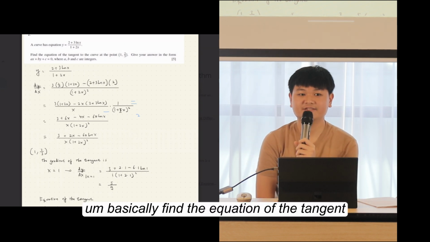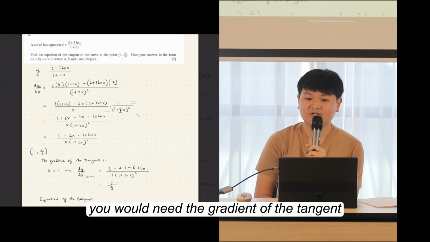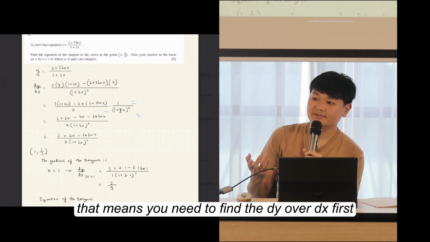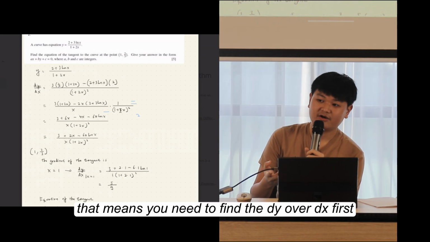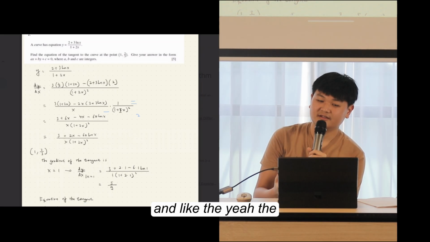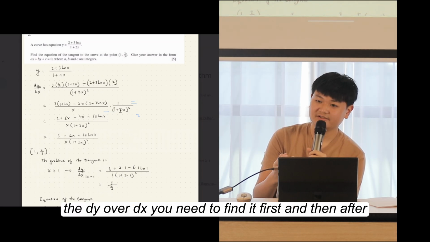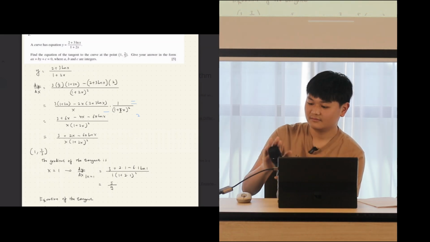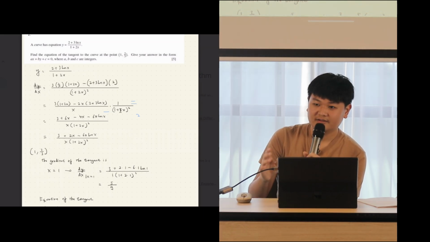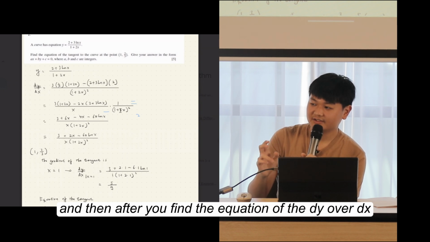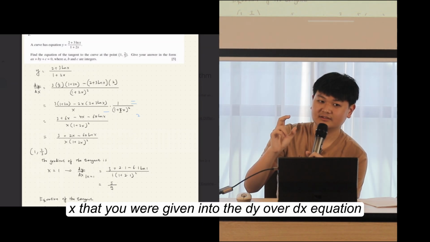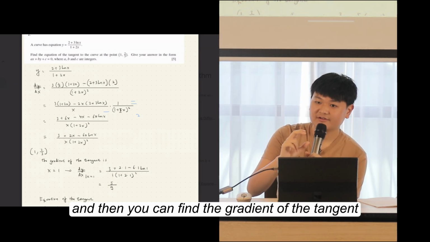Basically, to find the equation of the tangent, you need the gradient of the tangent. To find the gradient of the tangent, you need to find dy over dx first. After you find the equation for dy over dx, you can put the x that you were given into it, and then you can find the gradient of the tangent.